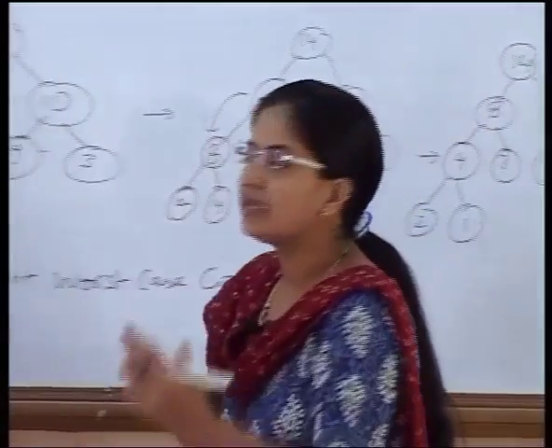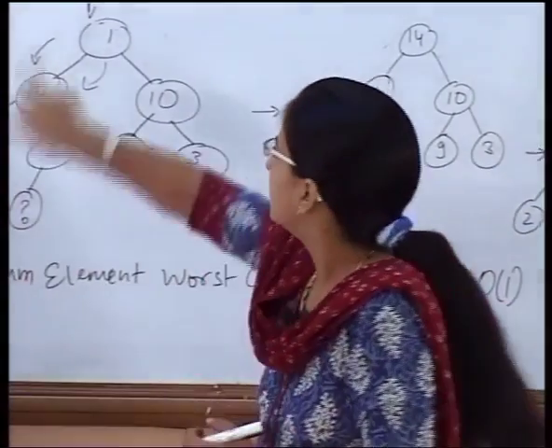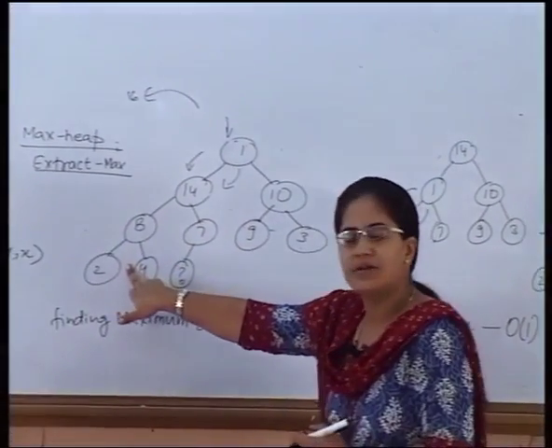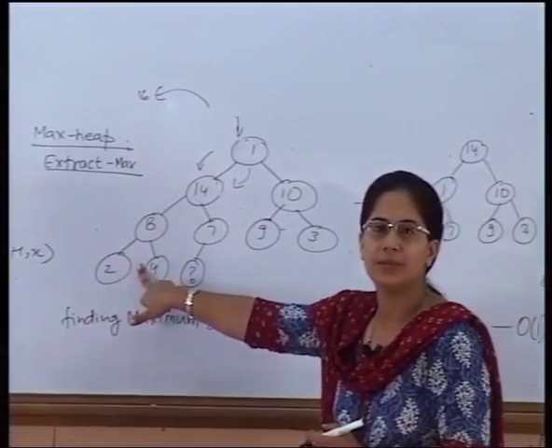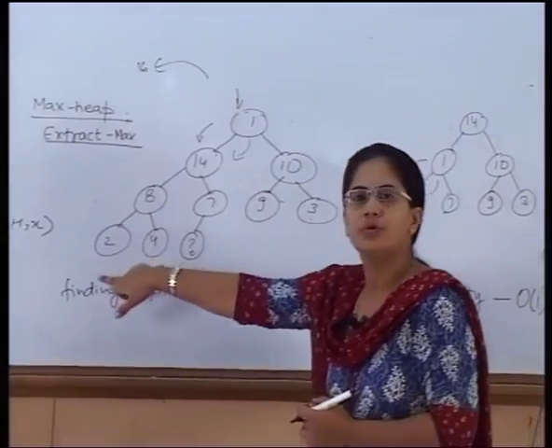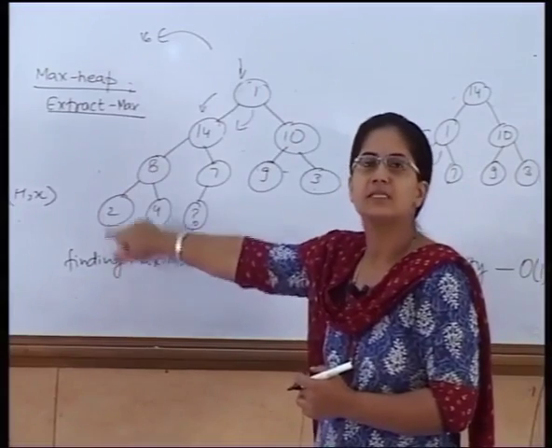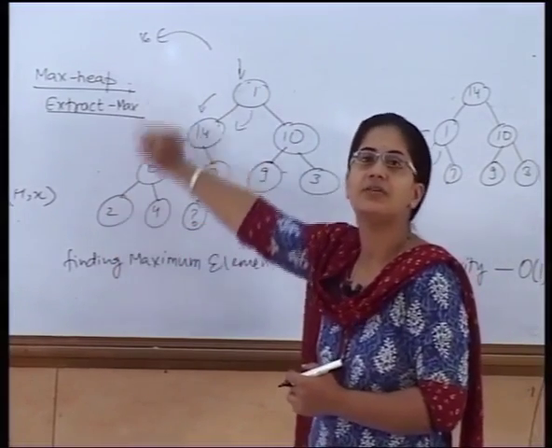When I extract the maximum element, it is supposed to cause a rearrangement of the whole heap from root to leaf node, that is covering the height of the tree.